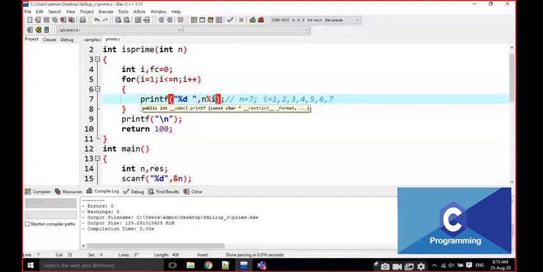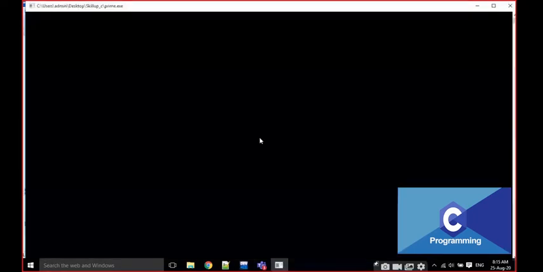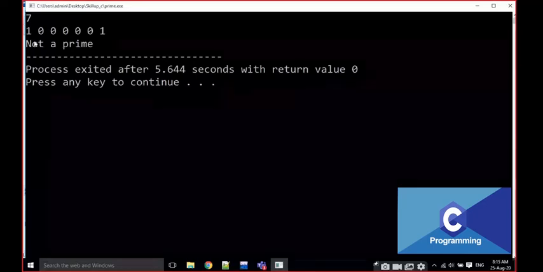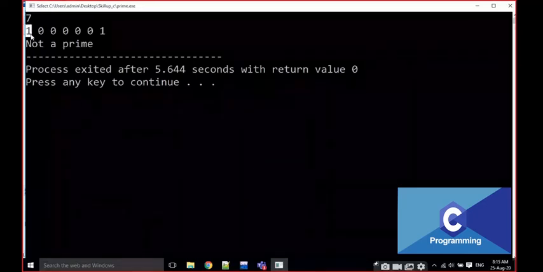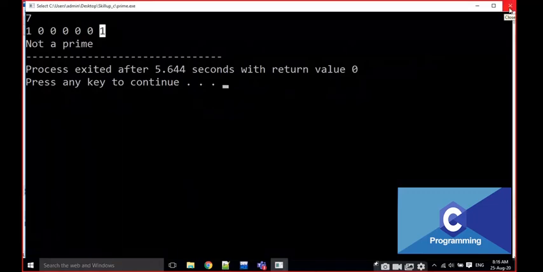Okay. Now I am going to check n mod i is equal to 0. How many zeros are there? I am going to execute it. If it is 0, it is going to print 1. For example, if it is 7, how many ones are there? That means how many true values? There are 2. We have to count how many ones are there.